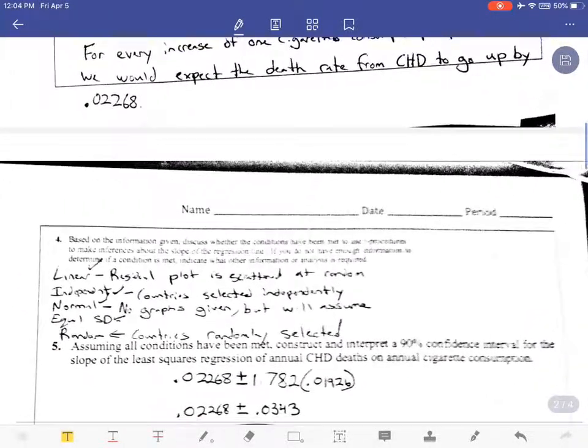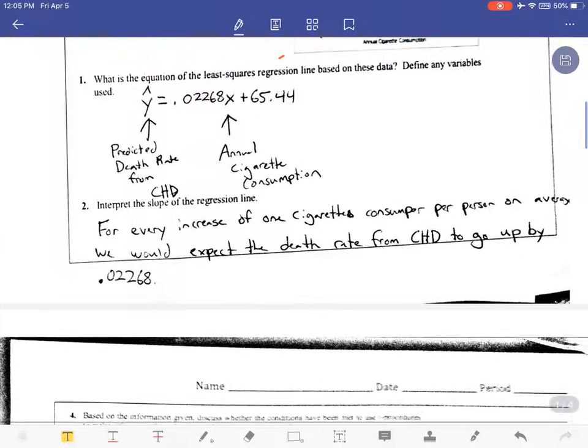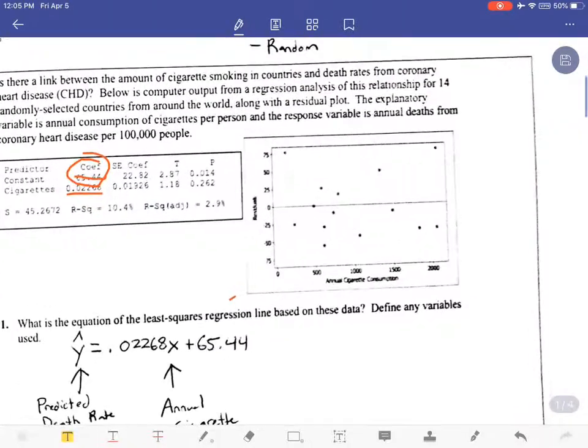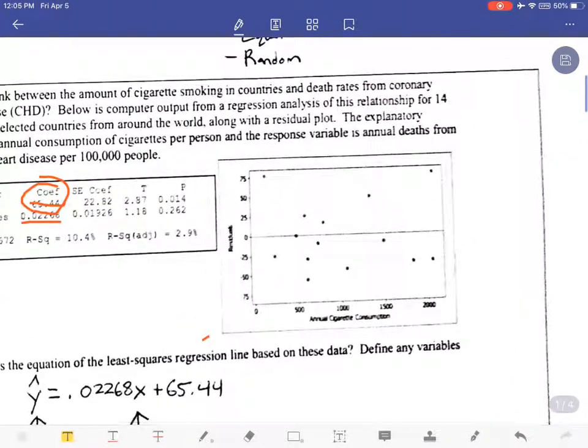Skip number 3, go on to number 4. It's asking us to check the different conditions. So the first thing we want to check is linear. You can look at the scatter plot if you had a scatter plot, and if it looks roughly linear, then that condition would check. You can also look at the residual plot, which is what we're going to do right now because they didn't give us a scatter plot. So remember, for a residual plot, if the points are randomly scattered, that means the linear model is a good fit.